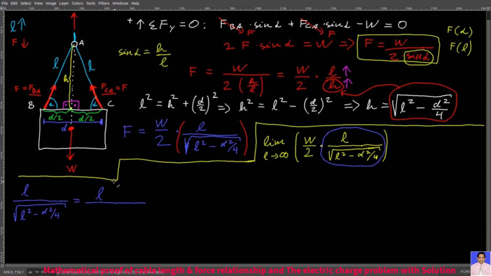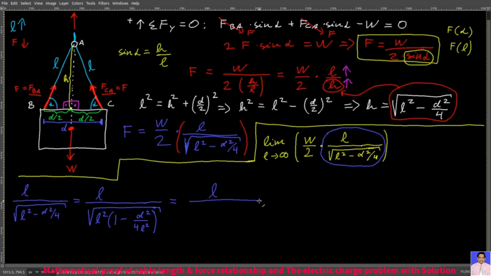I have L in the numerator, but then in my square root, I factor out L squared. So I will have here 1 minus, and then d squared over 4 times L squared, like this.